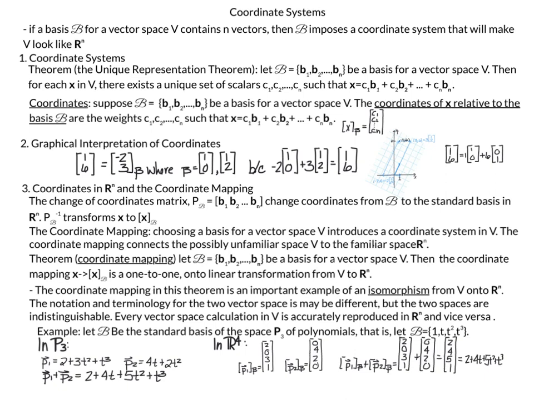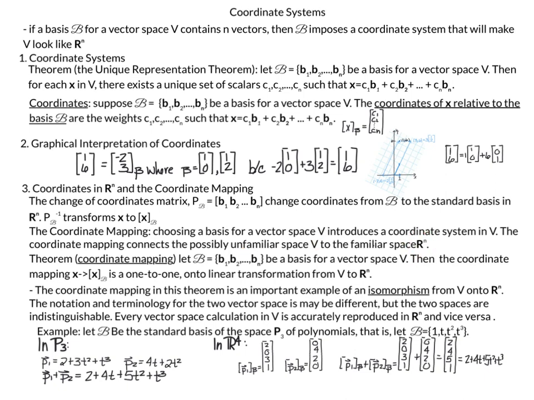So in other words, now we have a mapping from our vector space V to the very familiar vector space Rn. Choosing a basis for a vector space introduces a new coordinate system in V, but the coordinate mapping connects this possibly unfamiliar space V to the familiar space Rn.